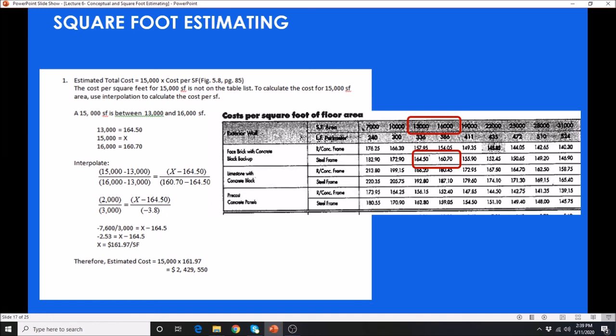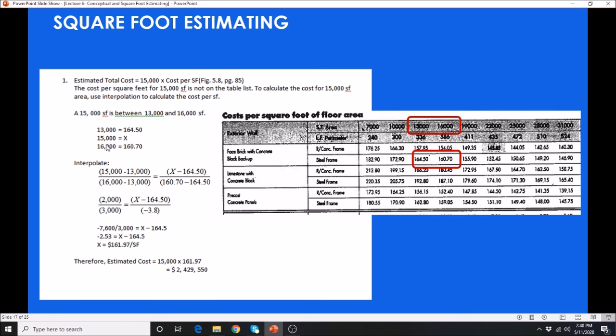We will be interpolating. In this case, 15,000 is between 13,000 and 16,000. The cost for 13,000 is 164.5, and for 16,000 we have 160.70. Of course, the one we need to find is x.